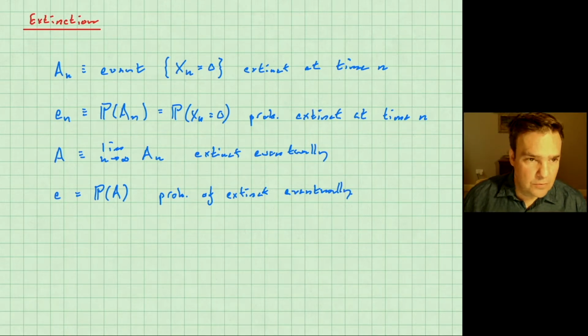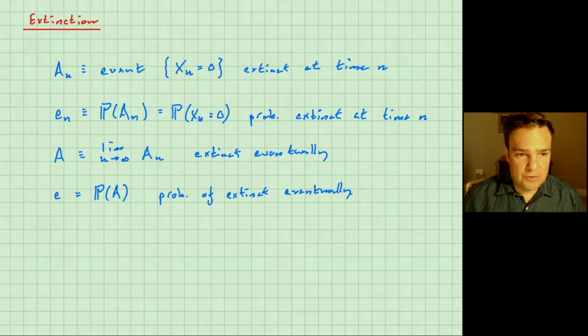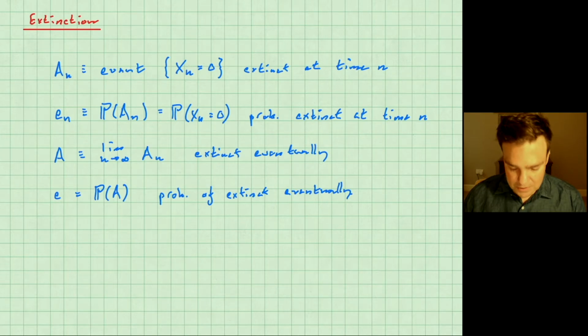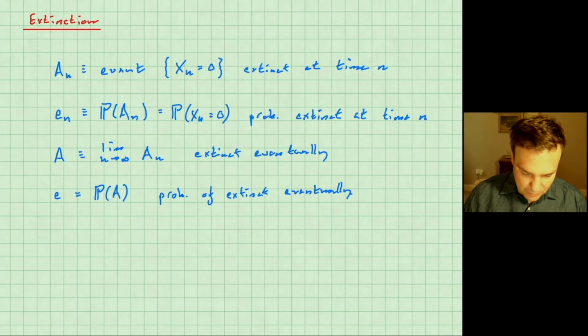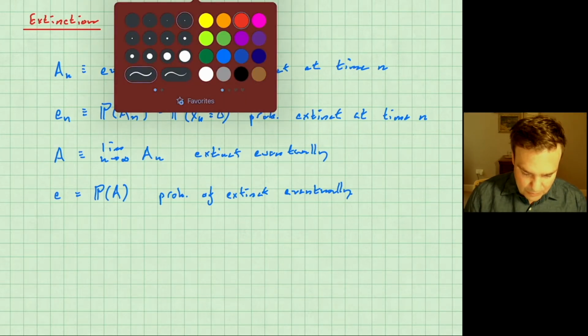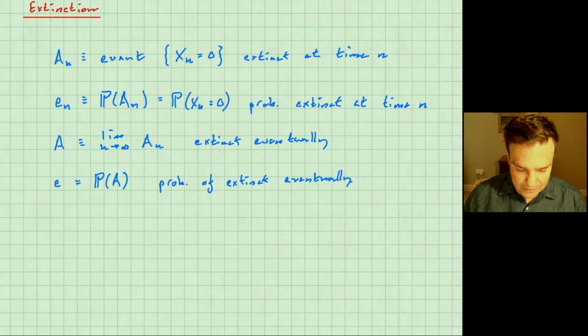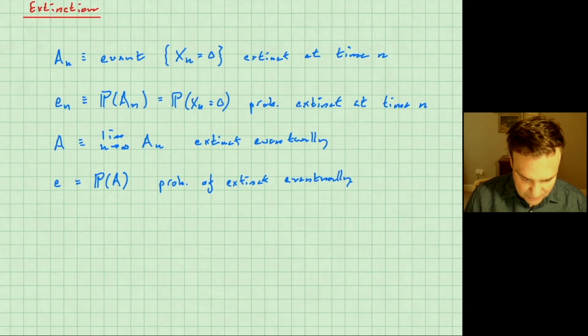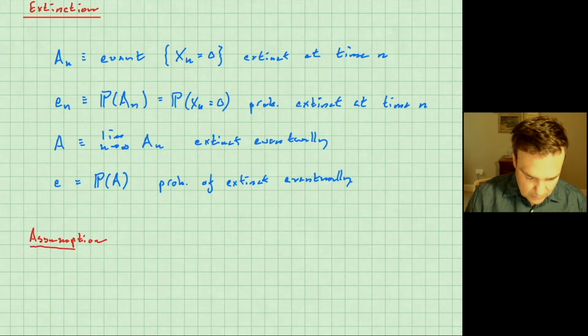All right, so for the remainder of this lecture, we're going to work on a couple of propositions associated with extinction. But before we do that, we're going to have to make a funny sort of assumption. This is an assumption that we're going to require for the little propositions that we're going to prove.